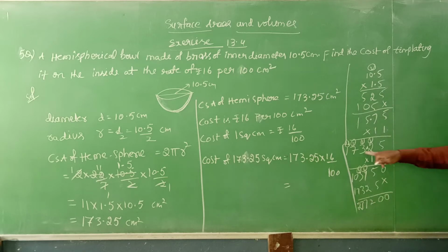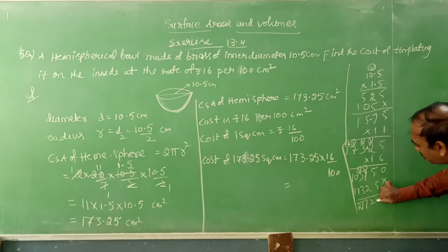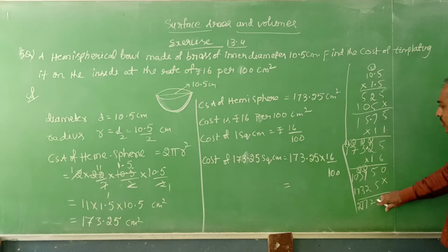When you multiply 173.25 into 16, after the decimal point you have 2 digits, so 2 digits you are removing. Observe it carefully.